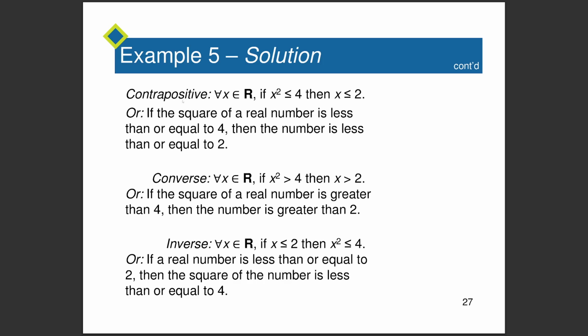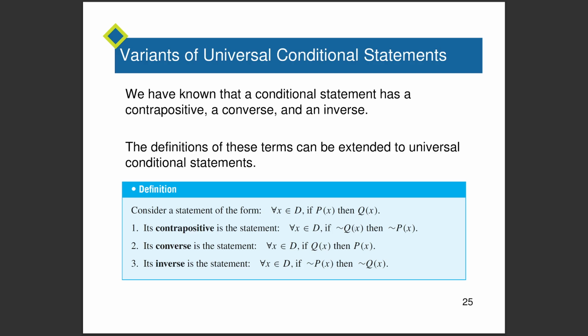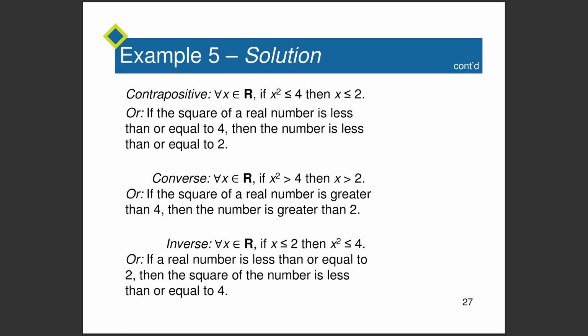So the contrapositive is for all x, so we keep the for all x part, but I put not q and then not p. So I have to put x squared is less than or equal to 4, because it's the opposite of this. Then x is less than or equal to 2. So in words, I would say this as, if the square of a real number is less than or equal to 4, then the number is less than or equal to 2.